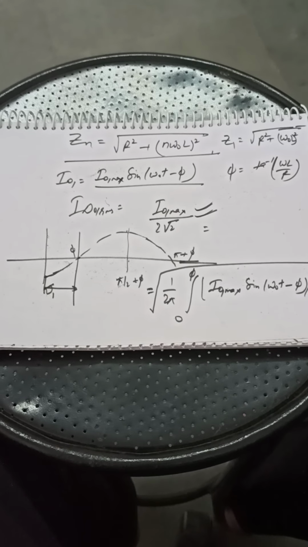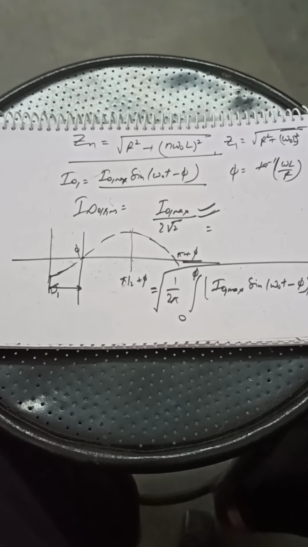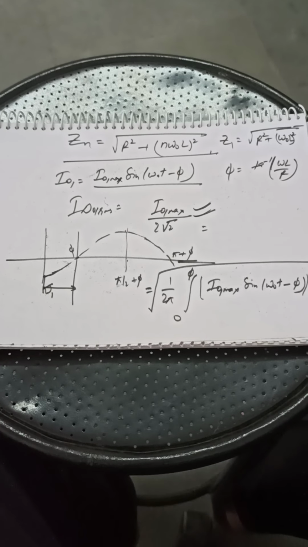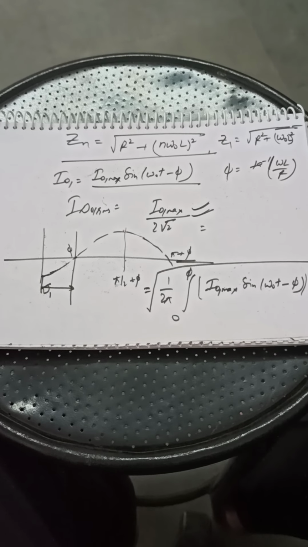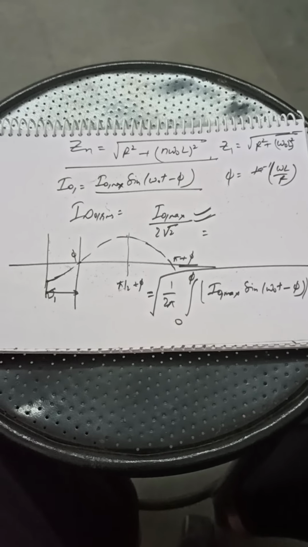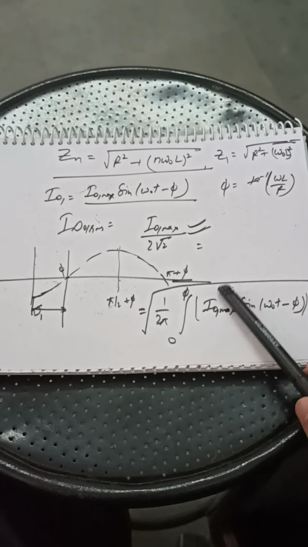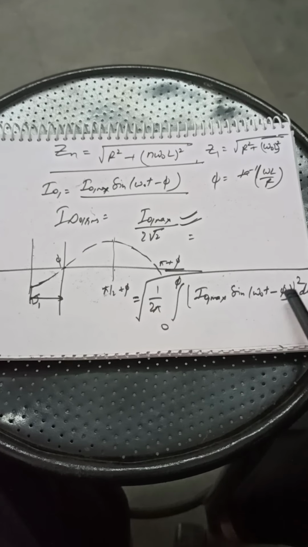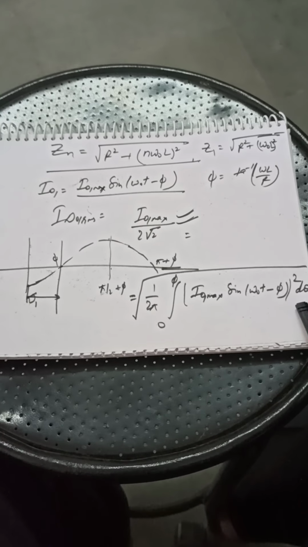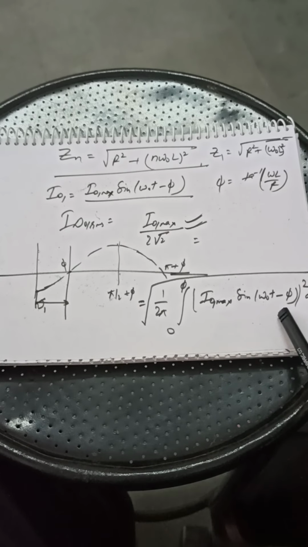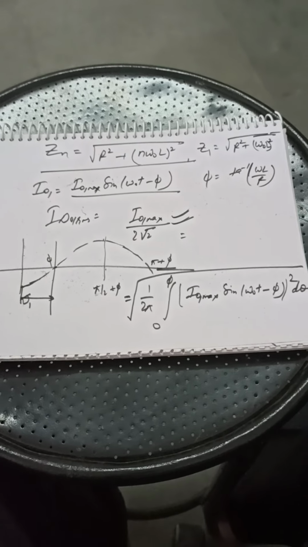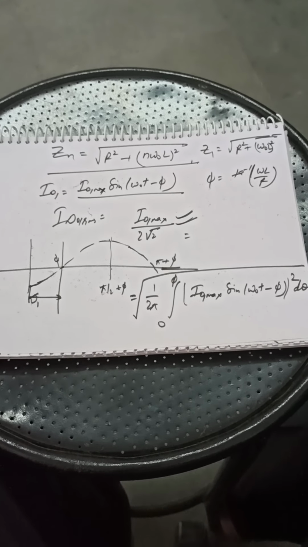So, the expression of fundamental output current passing through the diode will be I01 max sine omega naught t minus phi the whole square d theta, where theta varies from 0 to phi, with 1 upon 2 pi. What is this 1 upon 2 pi?